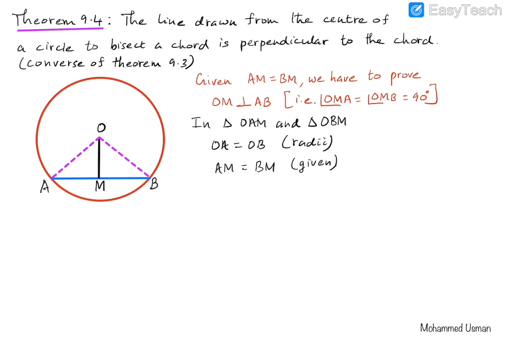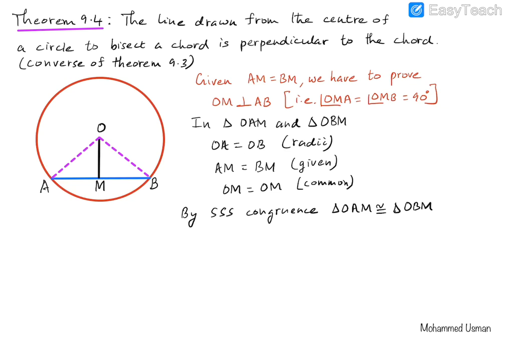And we also have the common side OM. So OM is common to both the triangles. So OM equals OM. Now we have three sides of the two triangles matching each other. So by SSS congruence, we have that triangle OAM is congruent to triangle OBM.